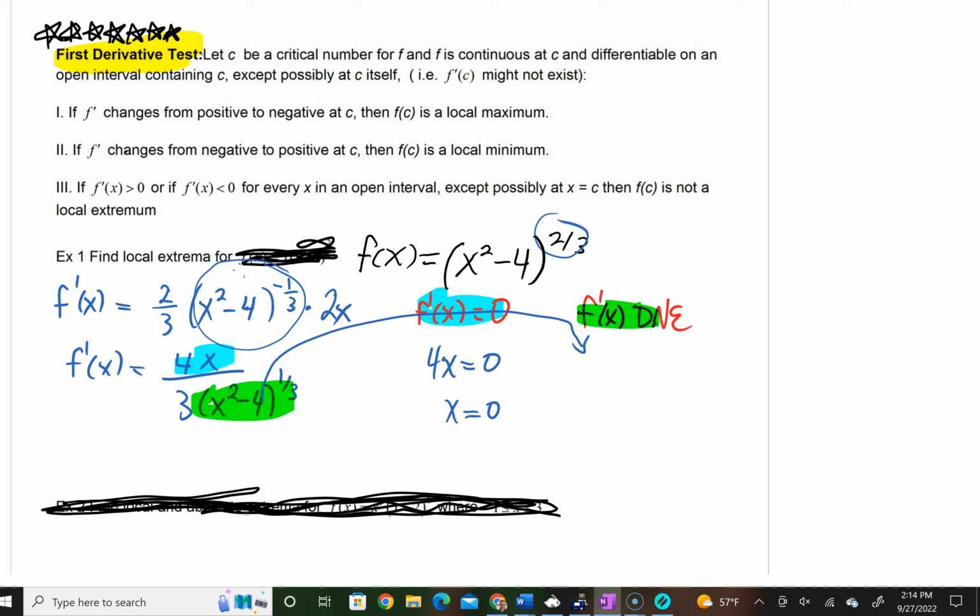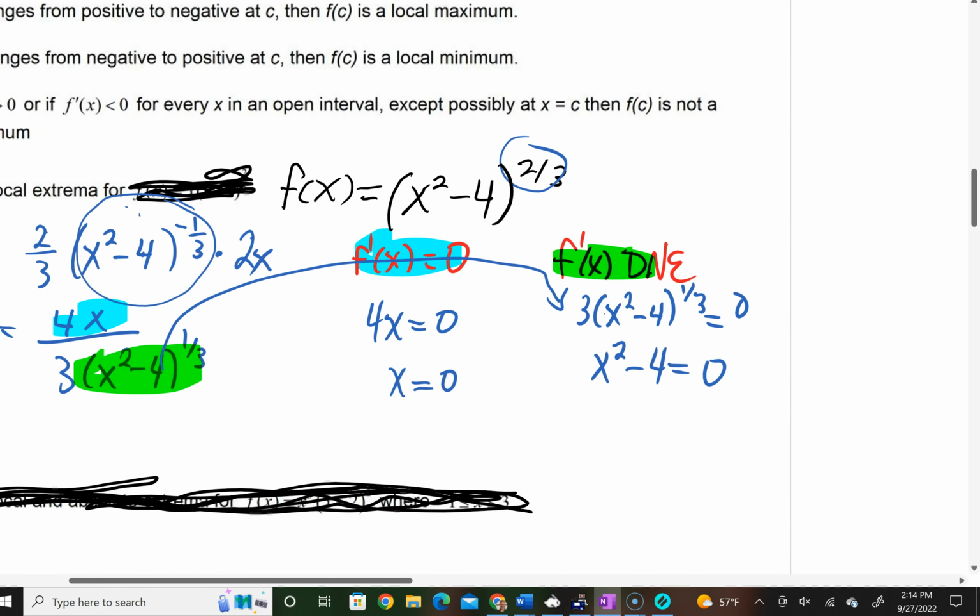X squared minus 4 has to equal 0. Would we agree with that? Kids will say, well, it's the whole thing. Yeah, and you could write that out if you want. Really, at the end of the day, it's what's inside of that 1/3 power that we are most concerned with. And now, what do we do next?